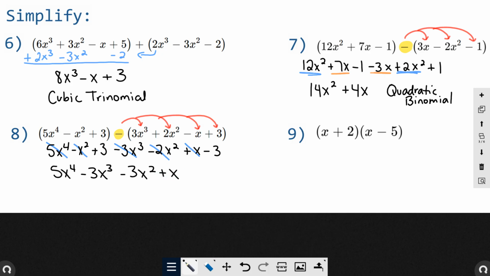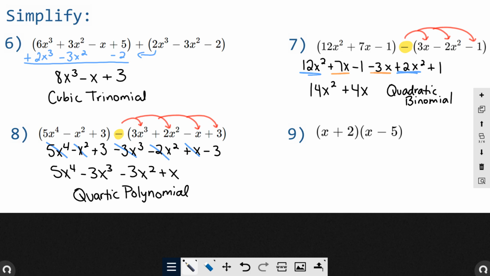And then last, the 3's cancel out. So how would we name this one? That's right, quartic polynomial. Some books tell you to say the term, like some books will say, this is a quartic 4th term polynomial. I don't think you need that. Just call it a polynomial.